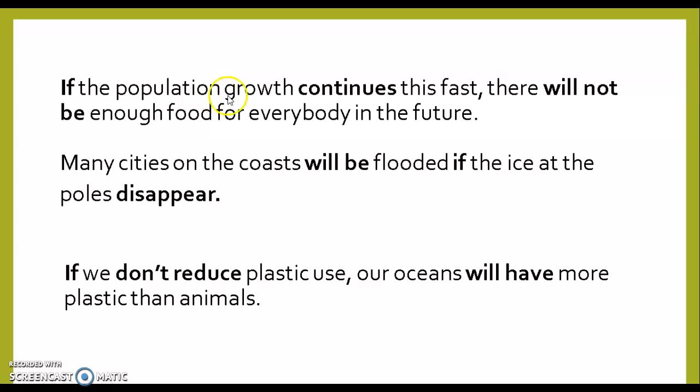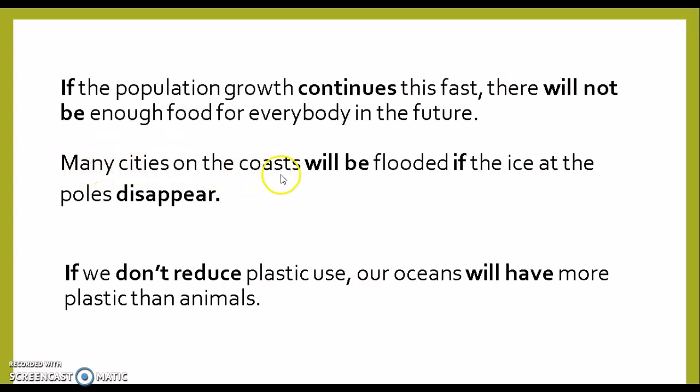If the population growth continues this fast, there will not be enough food for everybody in the future. So here we got the simple present, and there we got will not be, the future in negative. This combination is for the first conditional sentences.